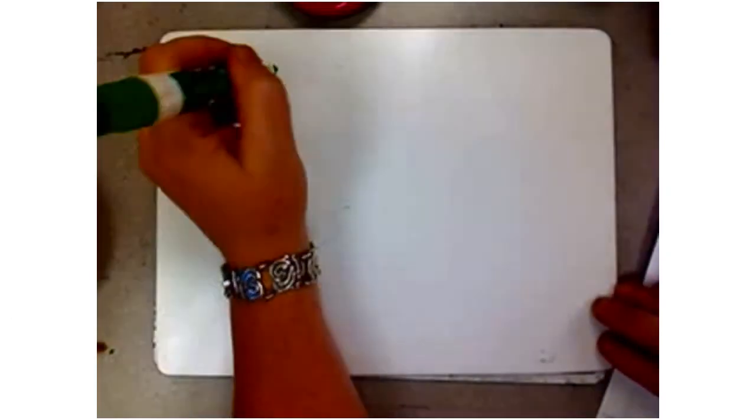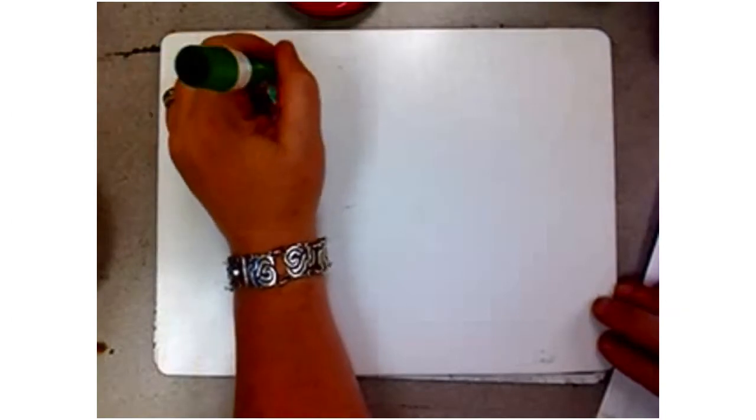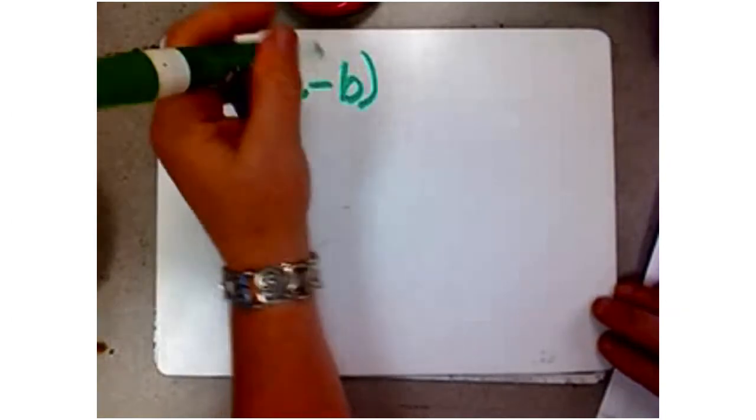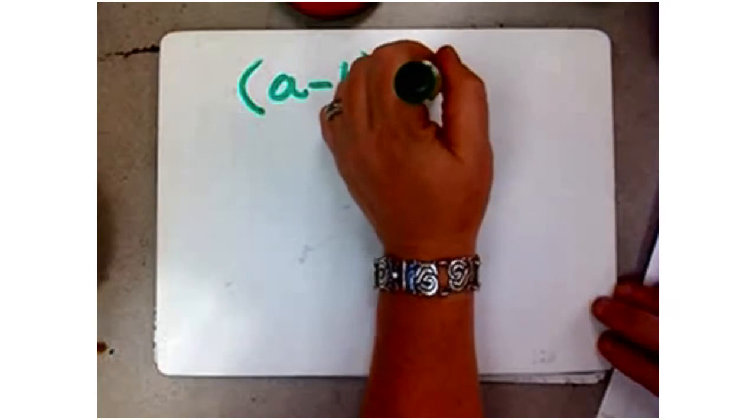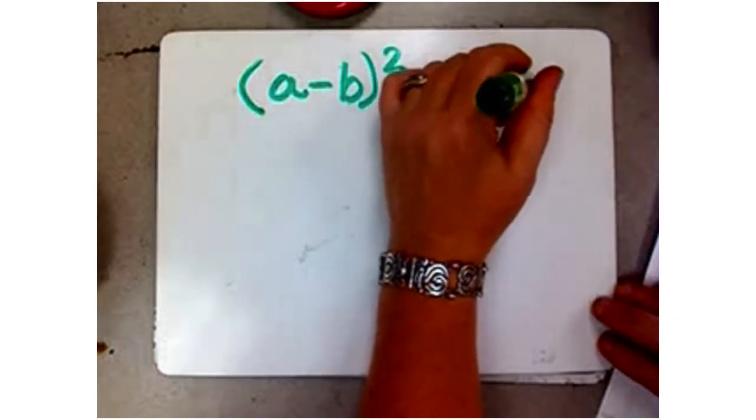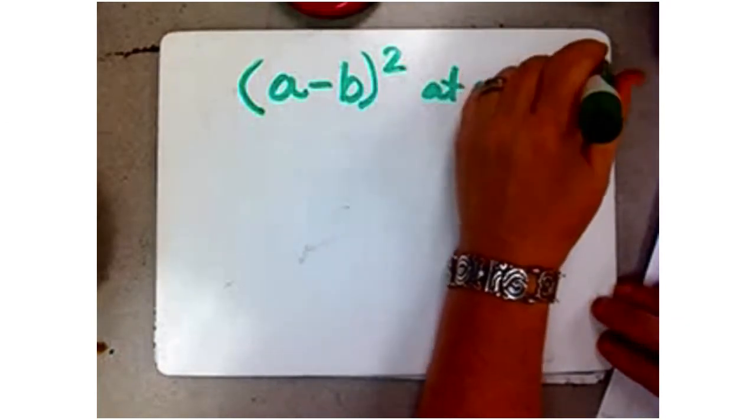Let's do another one. We have, at the very top of page 180, example 2, open paren, a minus b, close paren to the second power at a equals 3 and b equals -5.